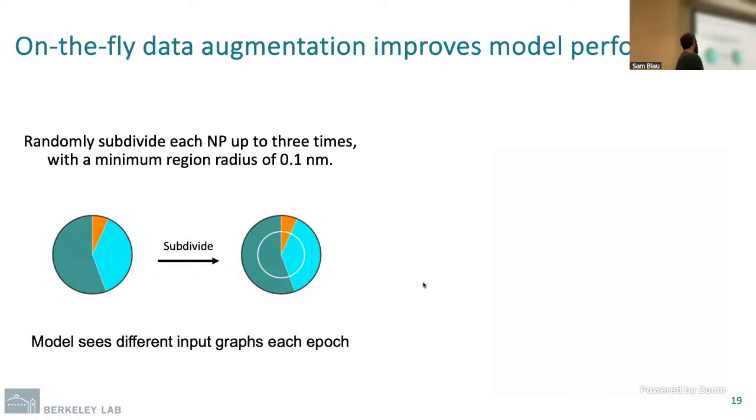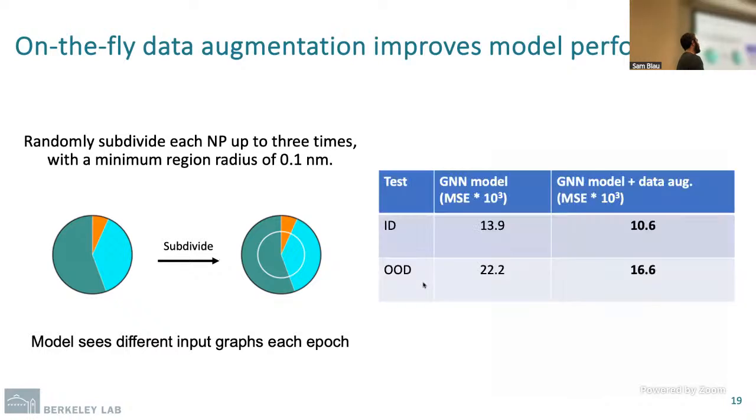So every epoch, you have the original unsubdivided nanoparticle in your mini batch, and then you have that same nanoparticle again with some number of randomly inserted subdivisions. So every epoch, it's seeing the same fundamental data, but different graph representations of the exact same data. And that quite dramatically drove down model error.